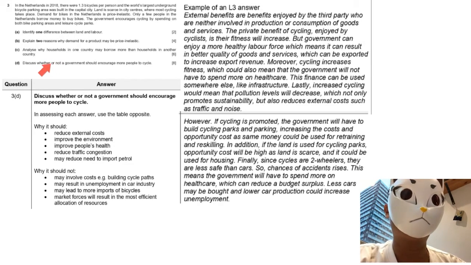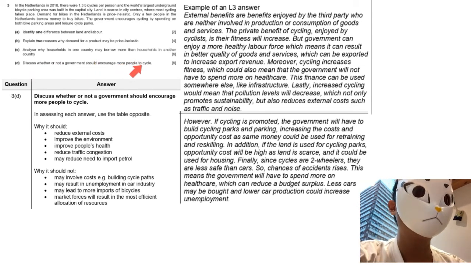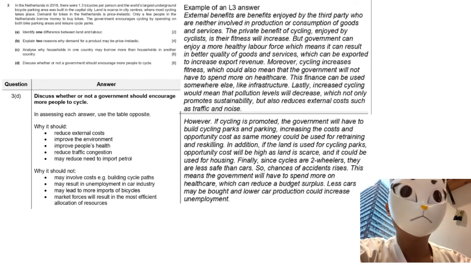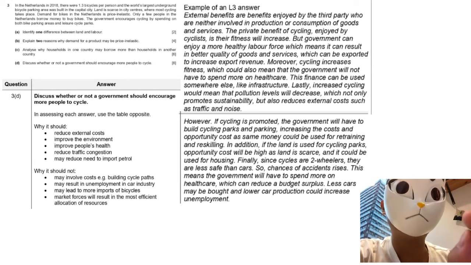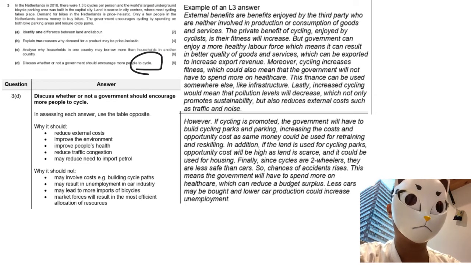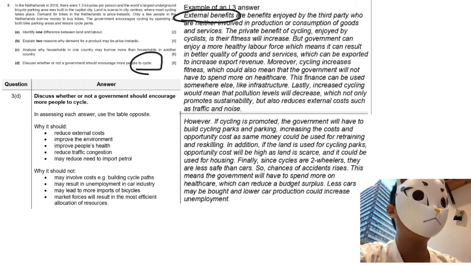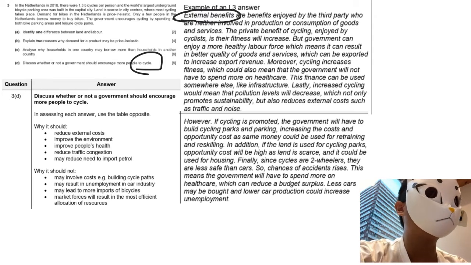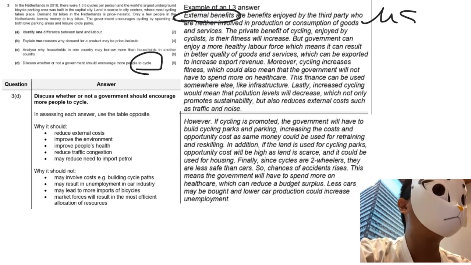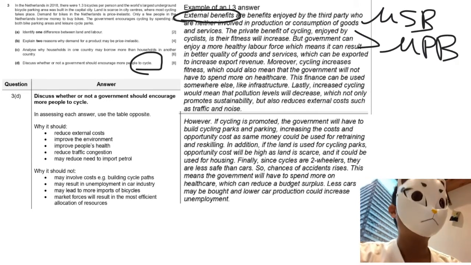Question 3D: discuss whether the government should encourage more people to do cycling. First of all, we have to talk about what cycling means in the economic sense. In the economic sense, it is a kind of merit good, which means the marginal social benefit is greater than the marginal private benefit.